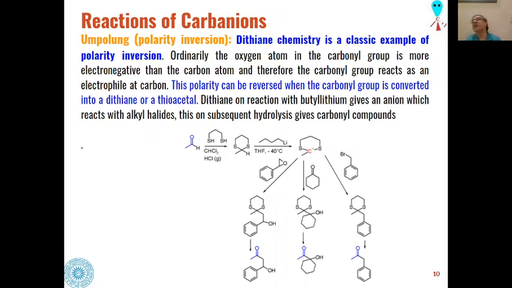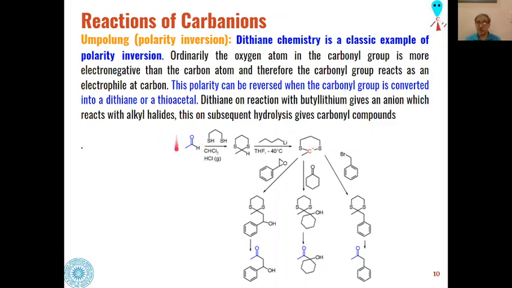And if in the next step R becomes negative, that means the polarity of R has been inverted. Such reactions are called Umpolung reactions or polarity inversion reactions. And the chemistry of dithianes is a classic example of polarity inversion or Umpolung reactions.